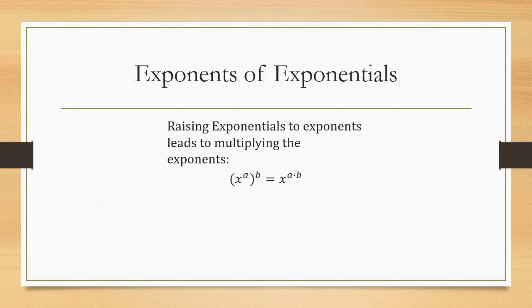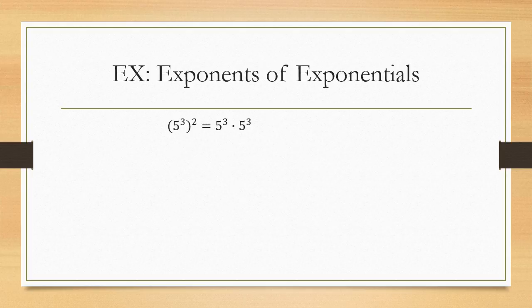Now the exponents of exponentials, so raising an exponential to an exponent, function a little differently. In this case, we are multiplying the actual exponents to generate the conversion. Similarly here, we can take the definition of the squared exponent. So we have 5 to the 3rd, which is squared. Step 1 is just getting rid of this parentheses.